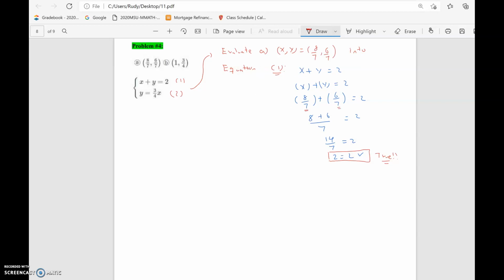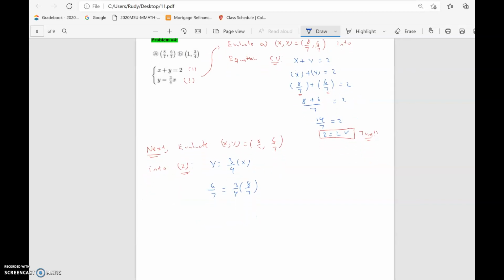So let me say next, and let's evaluate x and y, 8/7 and 6/7, into equation 2. Equation 2 happens to be y is equal to 3/4 of x. Your y value was 6/7. This is equal to 3/4, and your x is 8/7.